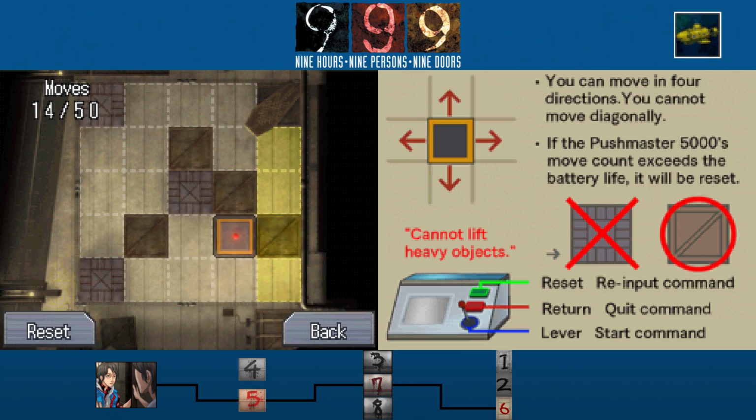Okay, we've used 13 moves already, and I'm not a fan of that. Let's see. So we can move the bottom left crate up to make a path out. I think I've got an idea. Shit, I should not have moved left. Actually, you know what?